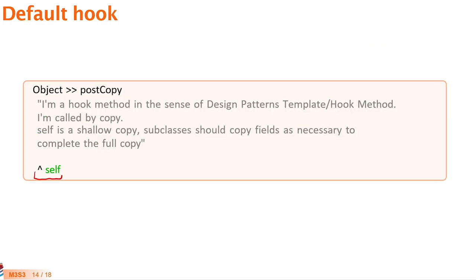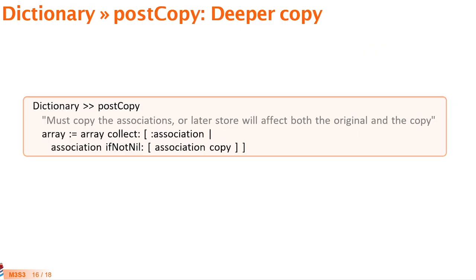So we can have a look at the implementation of postCopy inside the Dictionary. Here we can see that in Dictionary, copy is recursively sent to the associations. So associations are also copied when I copy a dictionary.